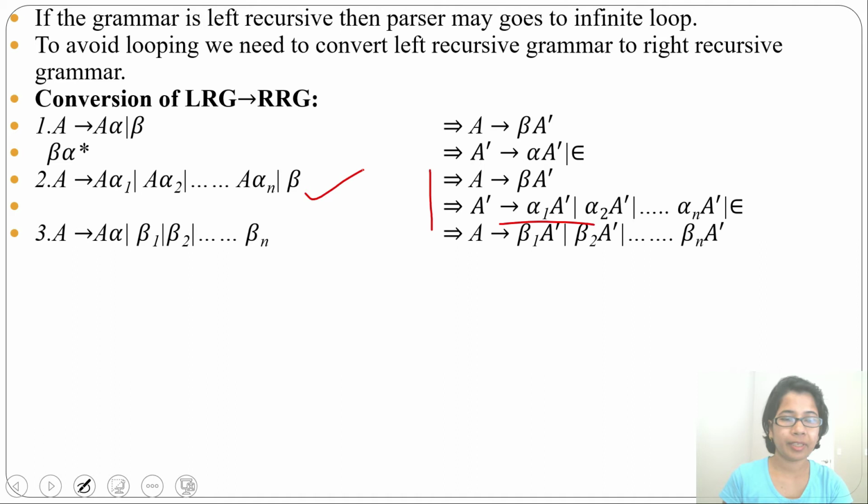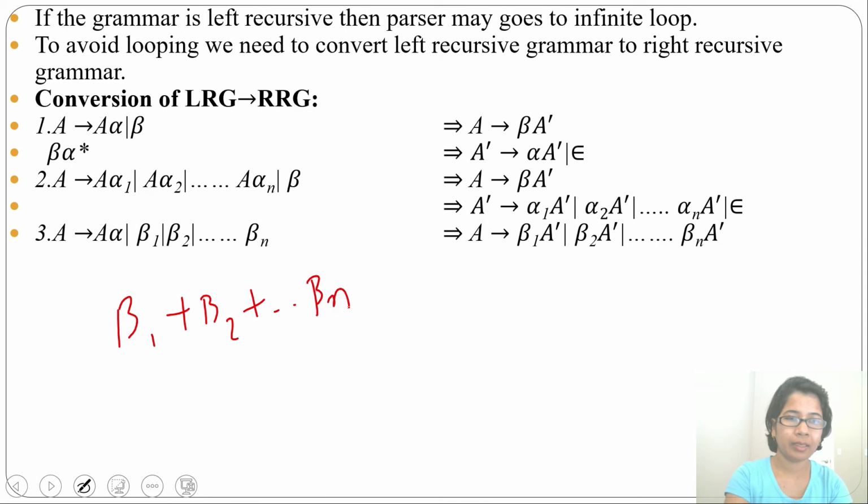Let's see another variation. From A you can generate A alpha, then beta 1, beta 2 up to beta n. So what will be the regular expression for this? It will be beta 1 plus beta 2 plus up to beta n, then alpha Kleene closure.